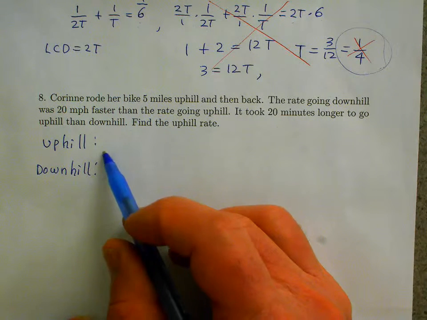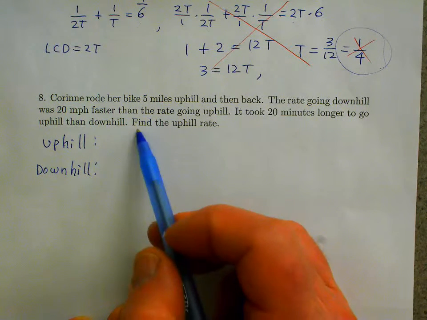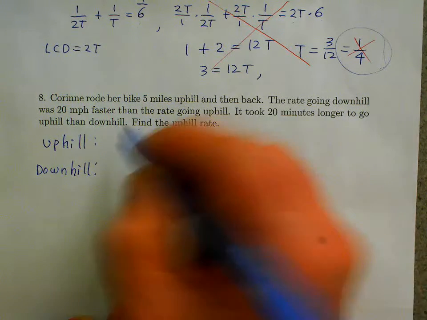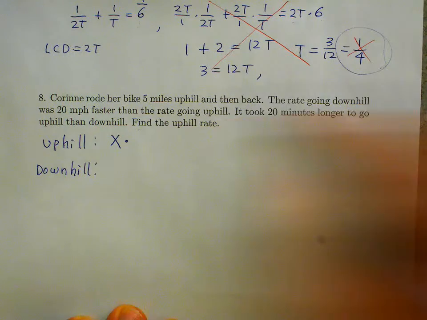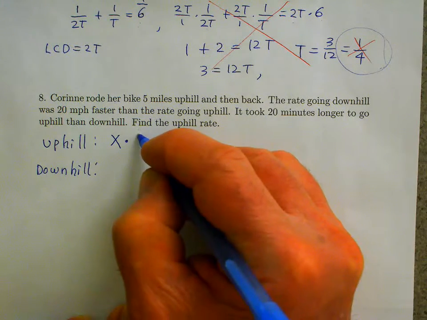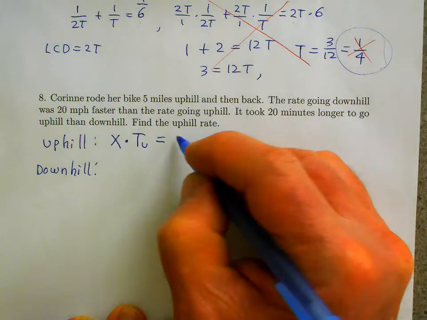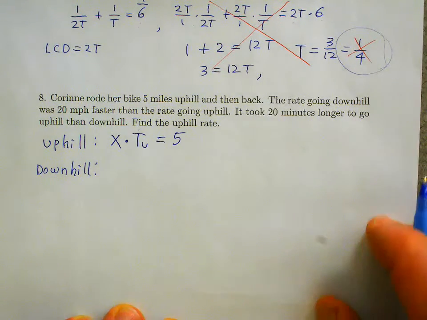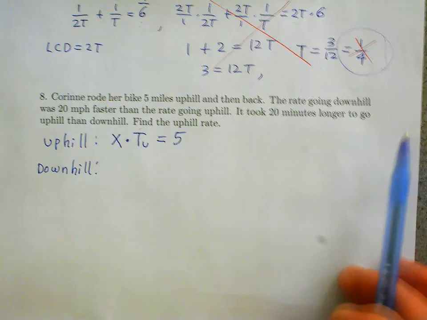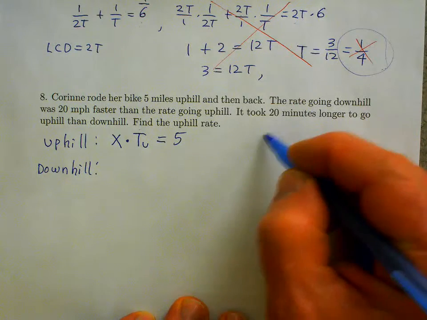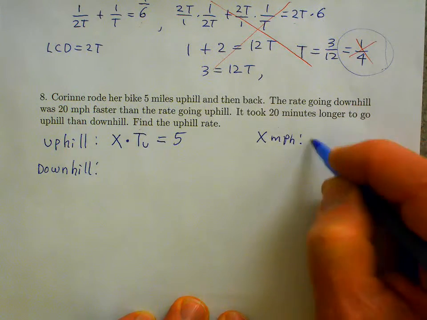So what we want are equations of the form rate times time equals distance. So the uphill rate, I'll just use x, miles per hour. And t sub u for the amount of time it took to ride 5 miles uphill. So rate times time equals distance. So x miles per hour, I'll just make a note of that. That's the uphill rate.